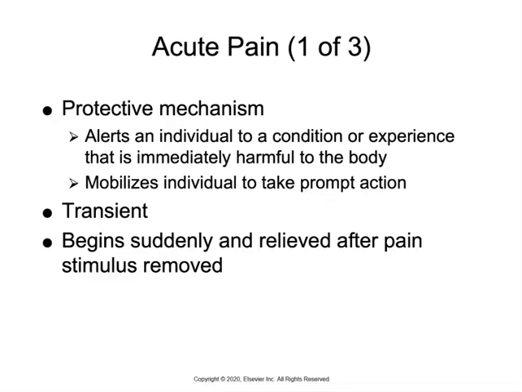So saying it's transient means that it's temporary or short-lived. So our acute pain will last for a short amount of time and resolve once that underlying cause, whatever it is, an injury, recovering from a surgery, or inflammation, is either treated or healed. And it can begin suddenly and is relieved after the pain stimulus is removed.